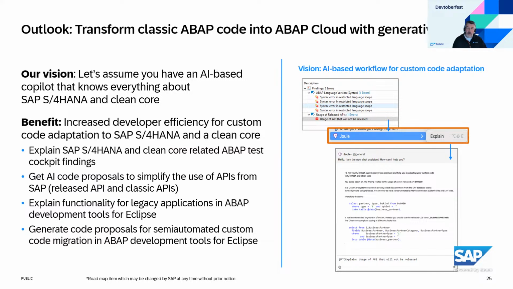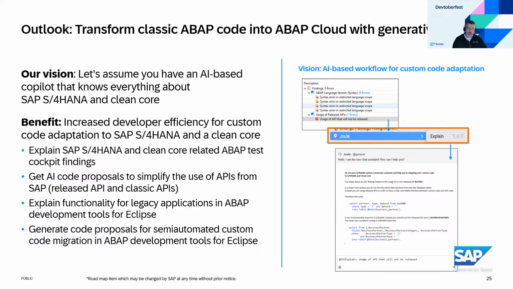You can imagine that there's some kind of a friend who knows everything about S/4HANA and Clean Core, and you can just ask, okay, what's the issue of that finding in the ATC, and then you get an explanation of what you have to do, also integrated with code proposals, for example, that you can just easily take over in your development environment.